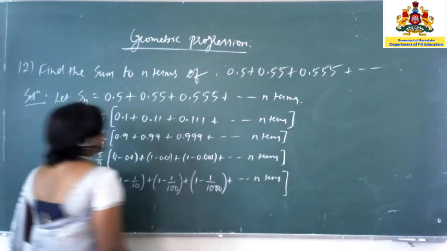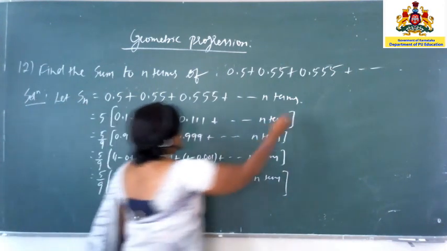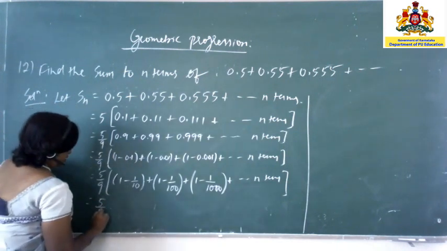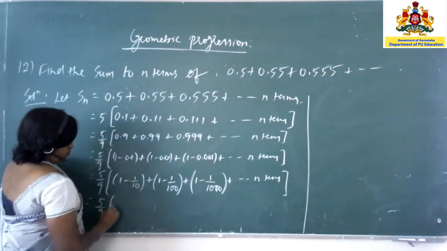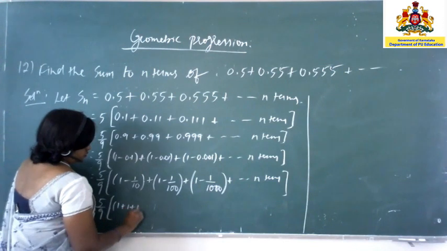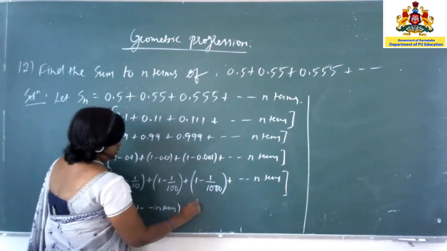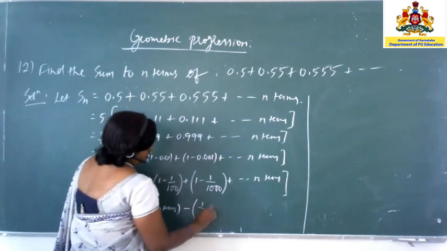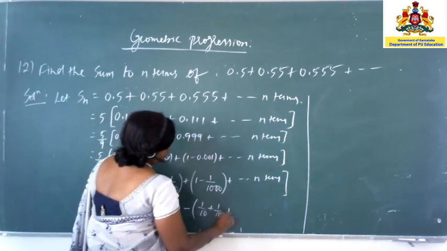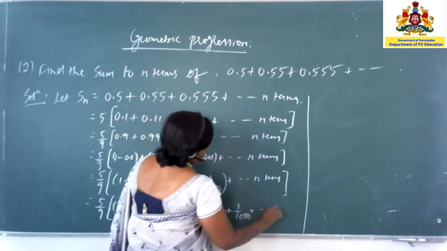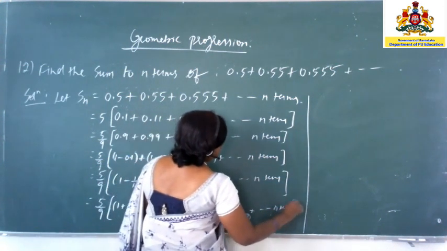Now I'll group the terms like the previous sum. So this is 5 by 9 into 1 plus 1 plus 1 so on up to n terms, minus 1 by 10 plus 1 by 100 plus 1 by 1000 plus so on up to n terms.